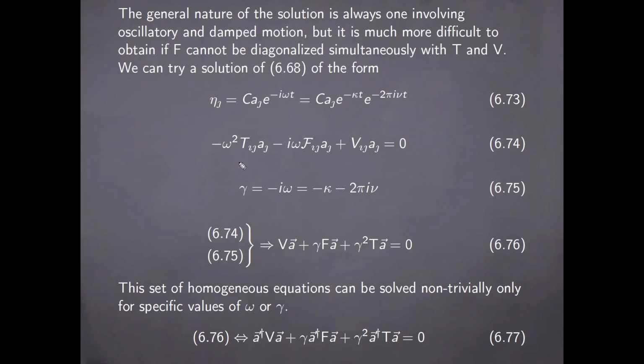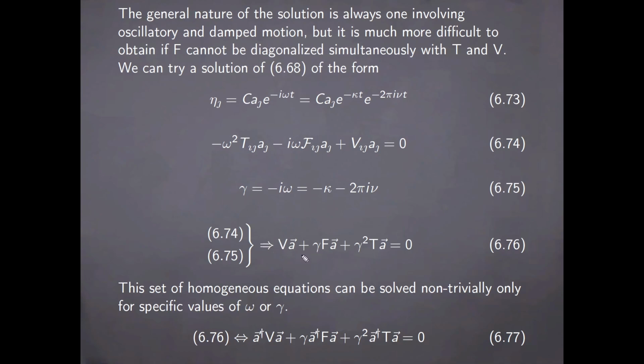And furthermore, we can introduce this notation. So we can introduce gamma as minus the imaginary unit times omega, which expands into the formula here. And then if we put these two results together, we can find the matrix equation, or the whole set of homogeneous equations of the form here.